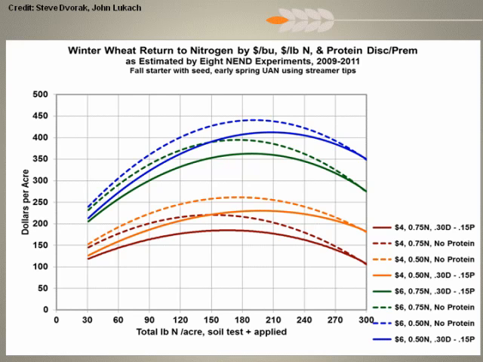John put together for me, looking at the economic side of it, the return to nitrogen. In other words, it's the gross dollar volume minus the nitrogen cost. He incorporated two different price levels for the wheat, $4 and $6, and two different price levels for the nitrogen, 70 cents per pound and 50 cents per pound.